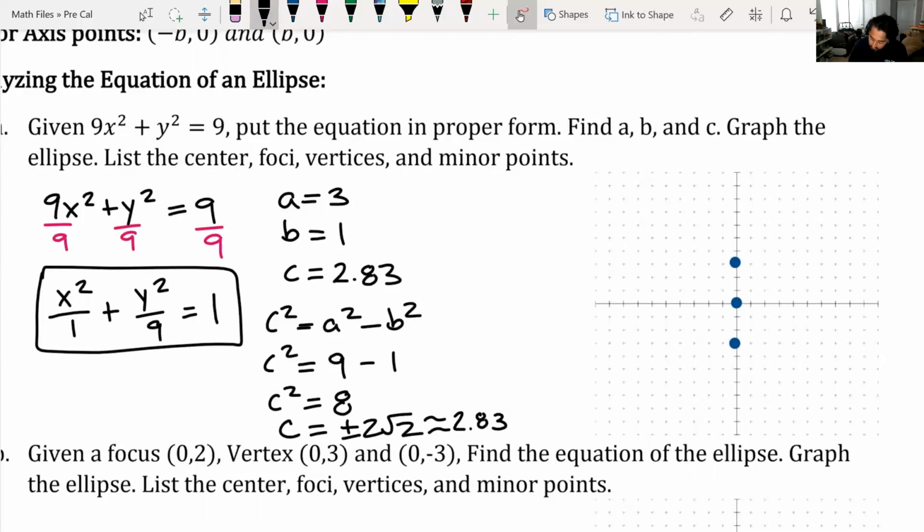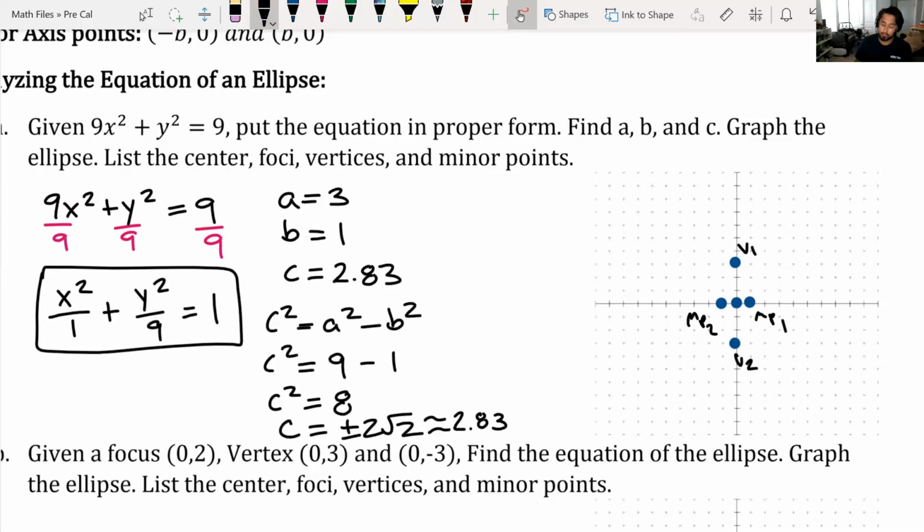This is vertex 1, vertex 2. And then to find the minor points, all you have to do is go right 1, left 1. And this will be minor point 1, minor point 2.